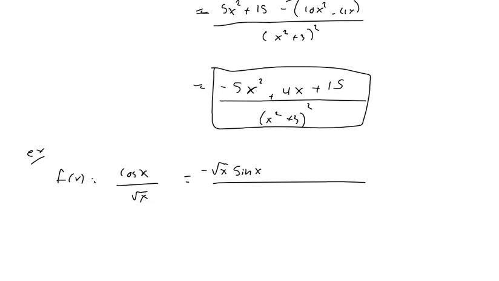If you want to think about it like this, what you're doing is radical x times negative sine of x. I just put the negative in front. Just makes it easier. Like that. Negative sine of x.